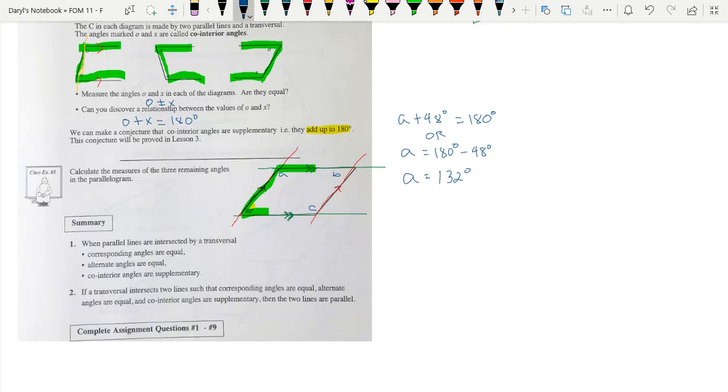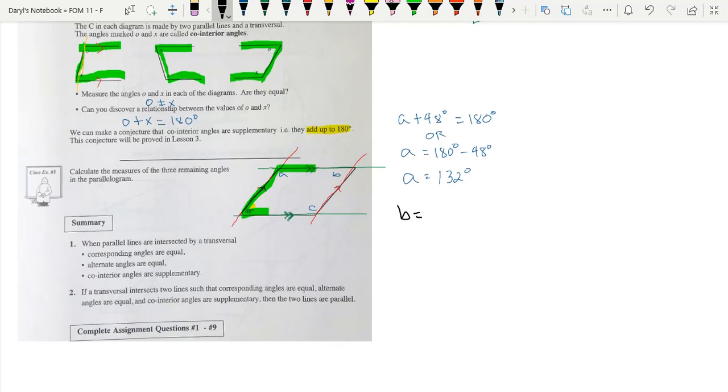Okay, how about B? Do you think we can solve for, or at least identify, angle B just using the co-interior angles? Remember that these two particular parts of your letter C are coming from your parallel lines, and one side is coming from your transversal line.